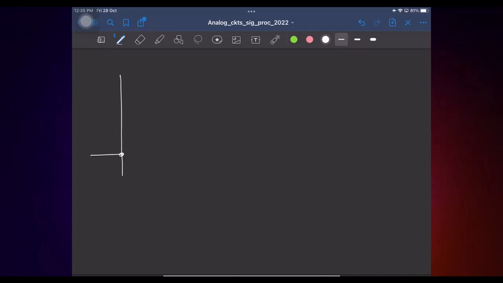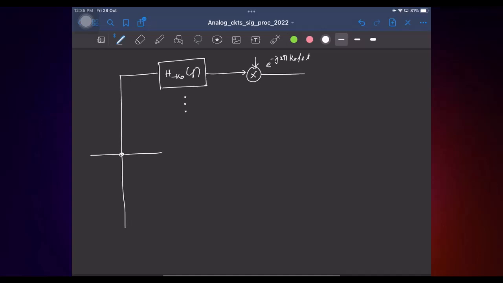So in the Zade expansion, I take the input signal and pass it through a bank of LTI filters and multiply. What should this multiplication factor be? e to the power of j 2 pi k0 fs t. So it's not of f. H k0 of f.